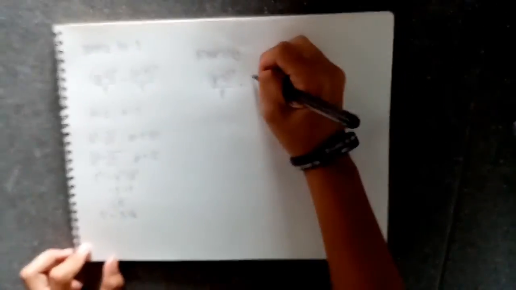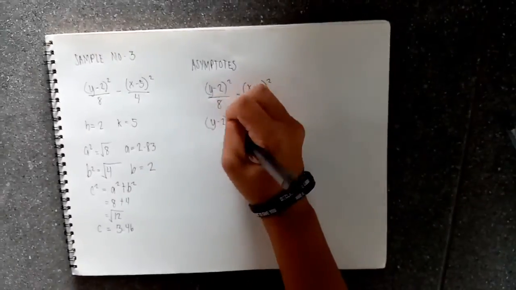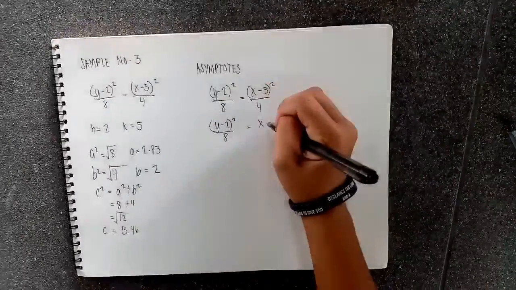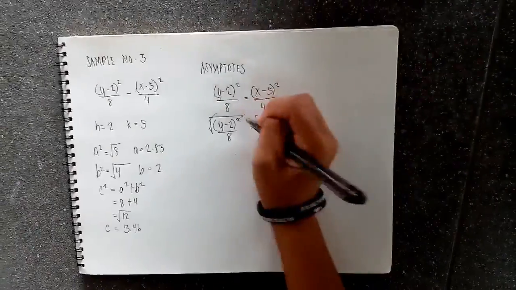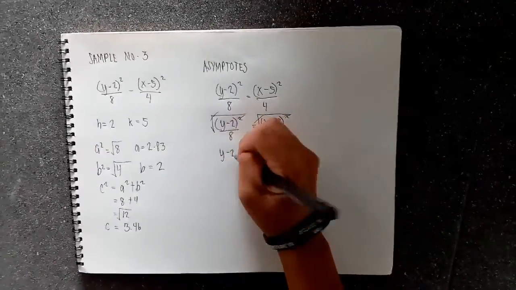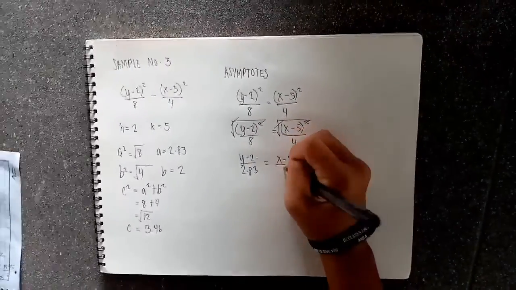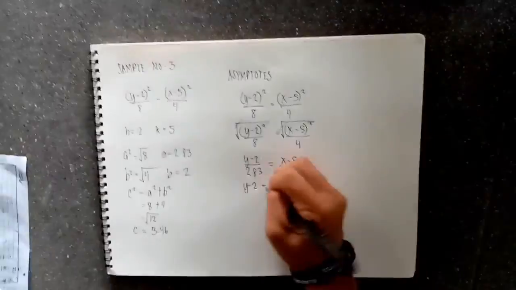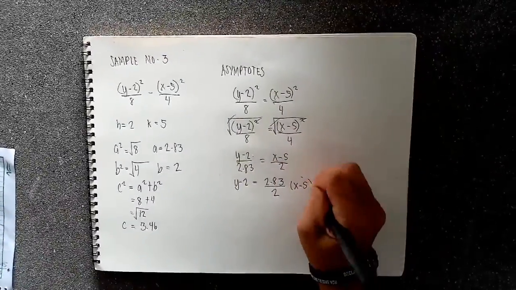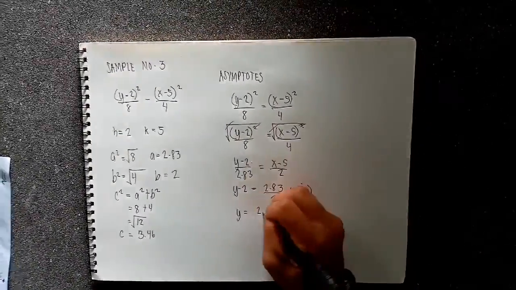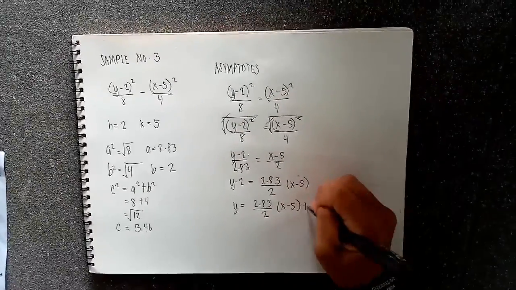So, our given is y minus 2 squared over 8 equals x minus 5 squared over 4. We are going to square root these two. Therefore, it will become y minus 2 over 2.83 equals x minus 5 over 2. And our y minus 2 equals 2.83 over 2 times x minus 5. Then y equals 2.83 over 2 times x minus 5, plus 2.